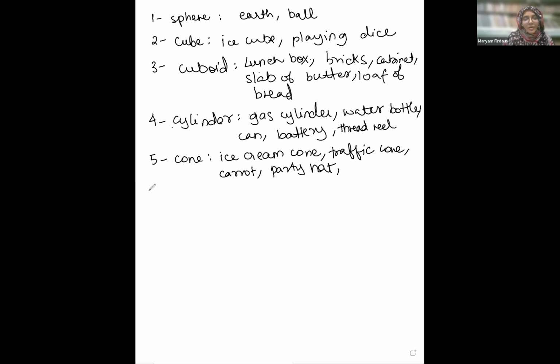All right. Now let's talk about some other shapes. You said pyramid, right? So now there are different types of pyramids.